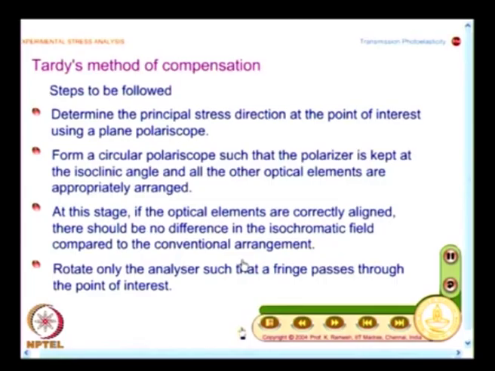This is a check, because when you have a polariscope where you have to rotate each of the optical elements, they have to be rotated carefully, maintaining the parity between the individual elements, because we want to have a polarizer and quarter wave plate separated by 45 degrees, and you need to have the slow axis at 135 from the horizontal. Now, it becomes appropriate with respect to the basic isoclinic angle. So, you need to keep that parity. So, quarter wave plates should be crossed.